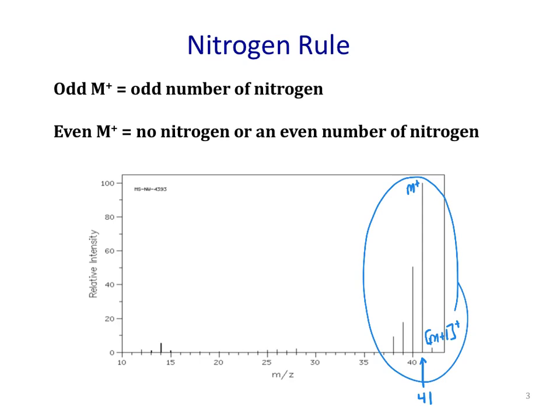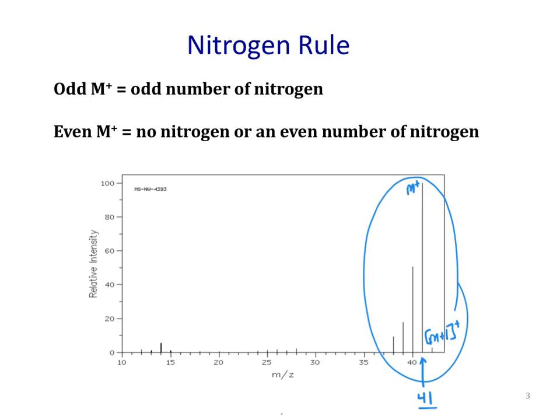So you might have 1 nitrogen, 3 nitrogen, 5 nitrogen, and so forth. If you have an even M+, then you either don't have any nitrogen in the molecule, or you could potentially have an even number of nitrogens. So in this case, we have our m/z of 41. We know that there's at least 1 nitrogen in this molecule.